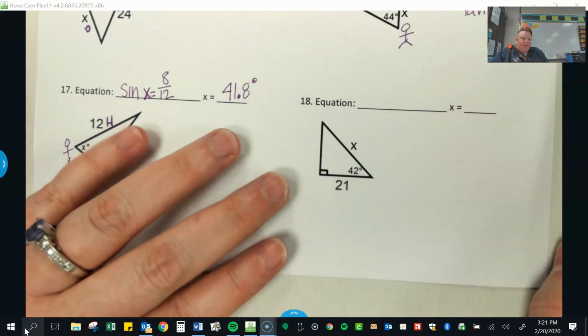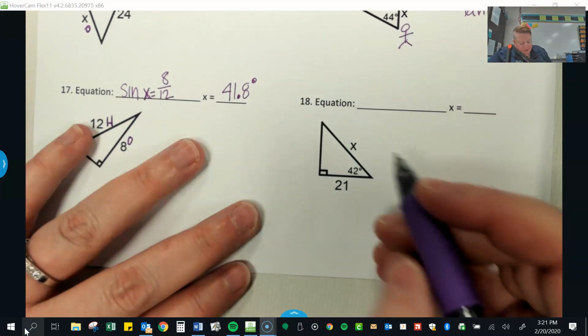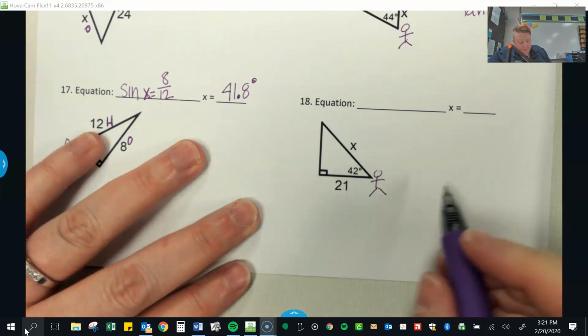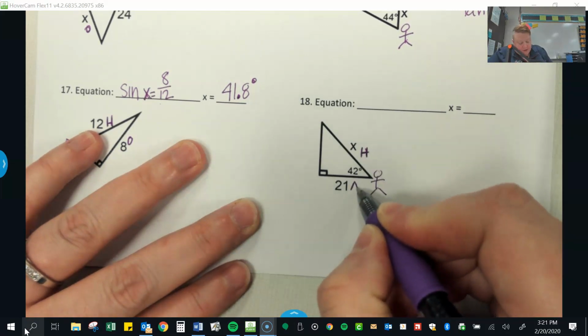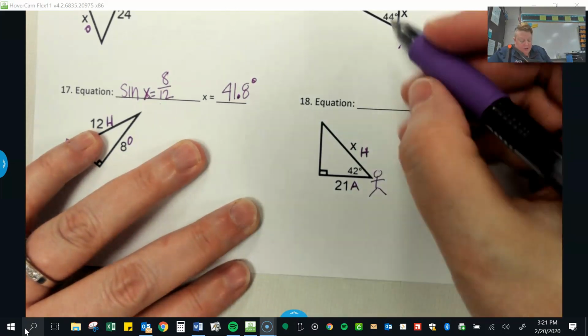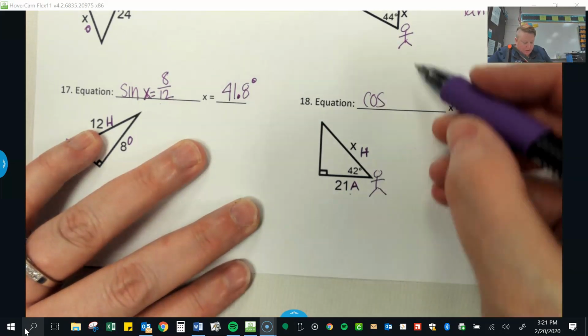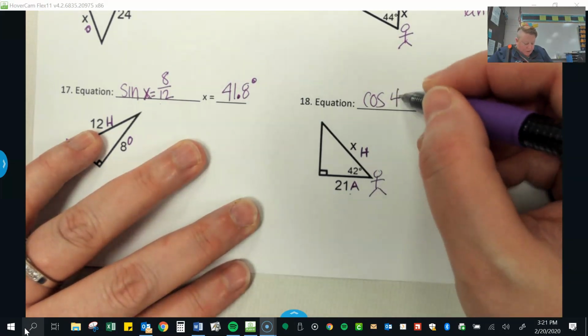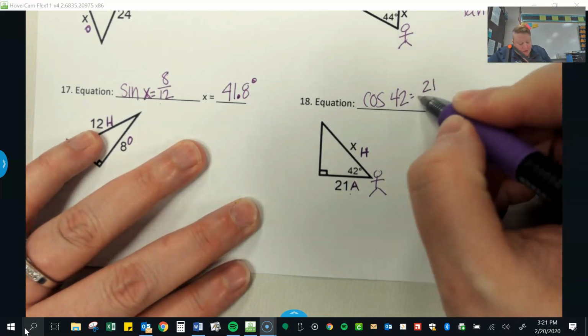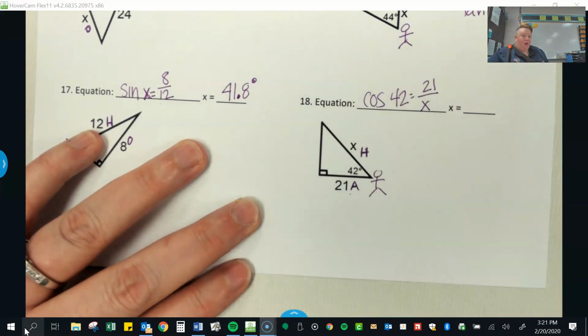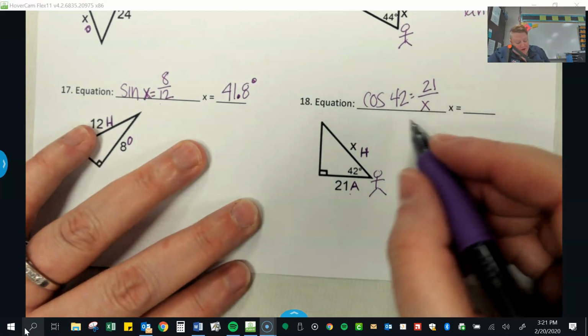All right? Last but not least, standing here at the 42. It wants me to find the hypotenuse, and I have the adjacent. That's the cosine. The cosine uses the adjacent and the hypotenuse. So the cosine of the angle, which is 42, is equal to the adjacent over the hypotenuse. When x is down low, we divide.